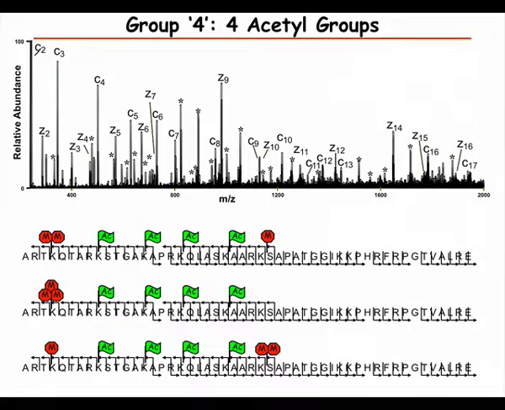This is an example of a group of different modification states. They all have 3 methyl groups and 4 acetyl groups on the sequence, but in this case sometimes it's trimethylated here and dimethylated and monomethylated over here, and then sometimes it's dimethylated here and mono.